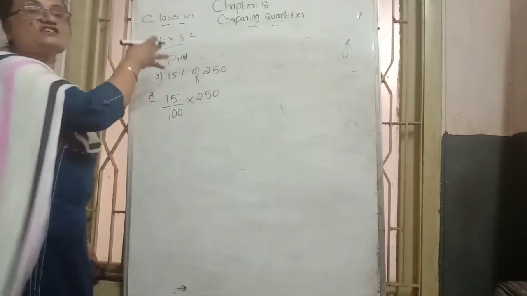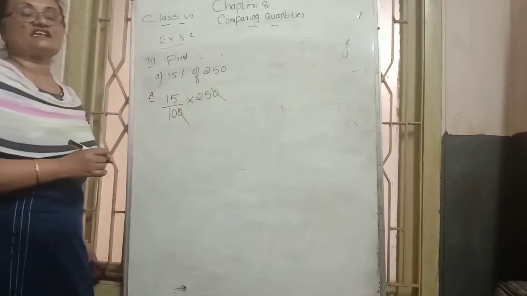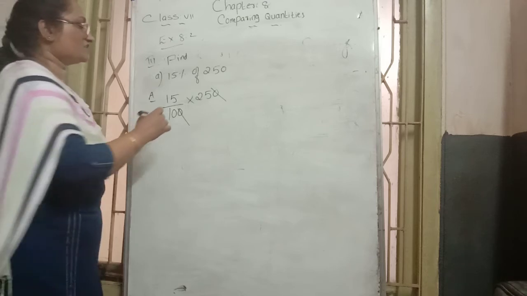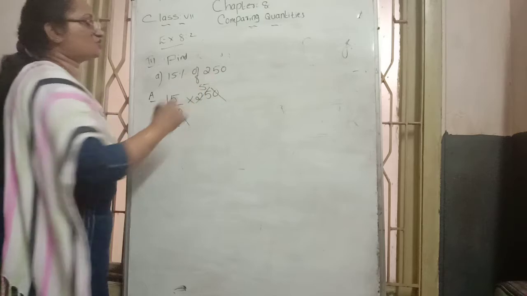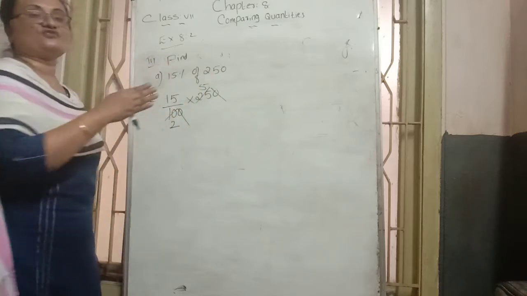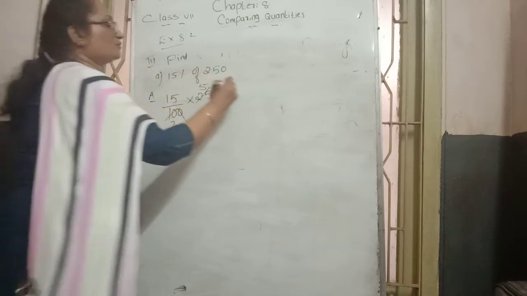Crosswise or straight, anyway you can cancel. 0 0 we can cancel, right? Numerator and denominator. Again 5 table: 5 2s are 10, 5 5s are 25. Again straight 2 and 15 not possible. 5 and 2 no. Crosswise also cancellation not possible.